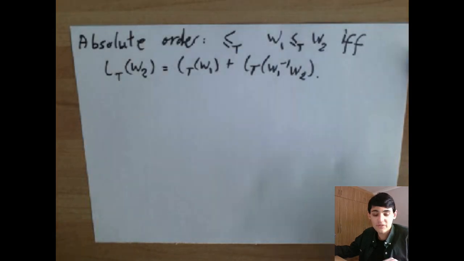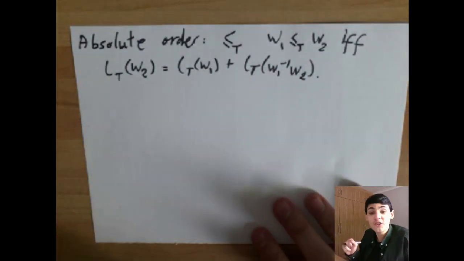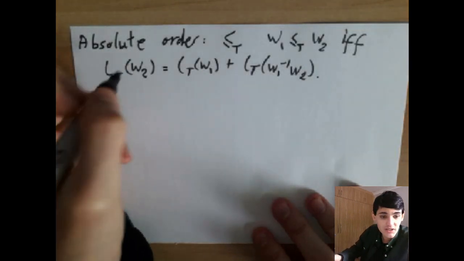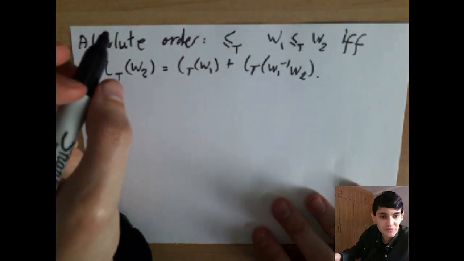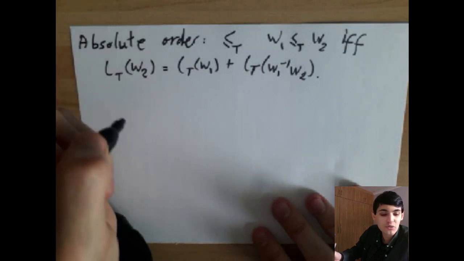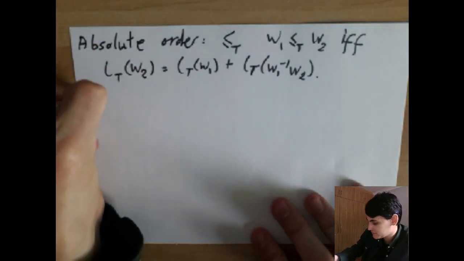But let's start looking at some examples and properties. The first property that I'd like to mention is to do with something called a Hasse diagram.